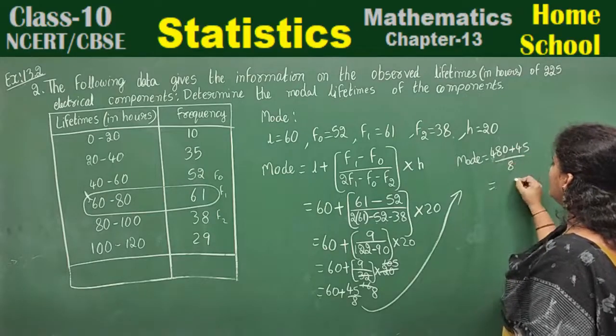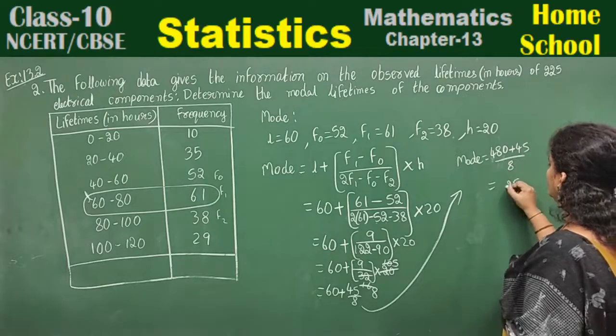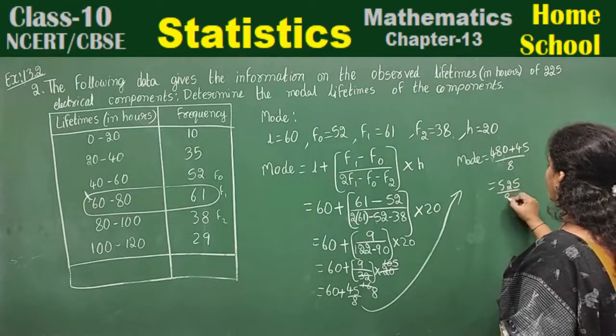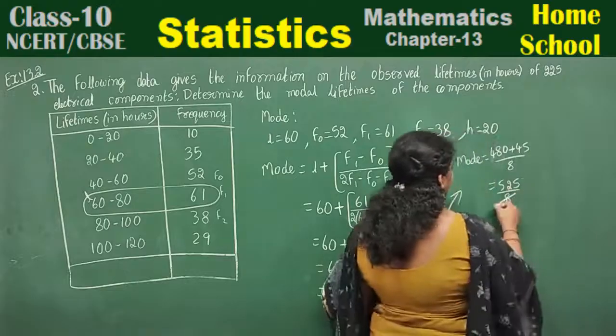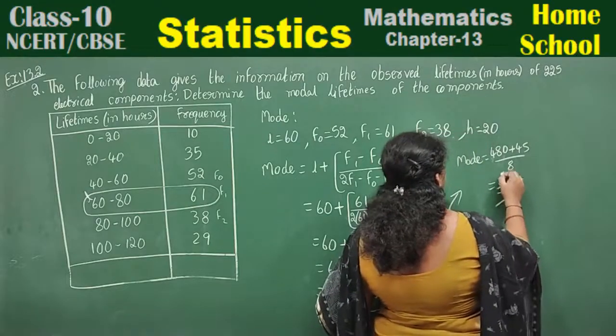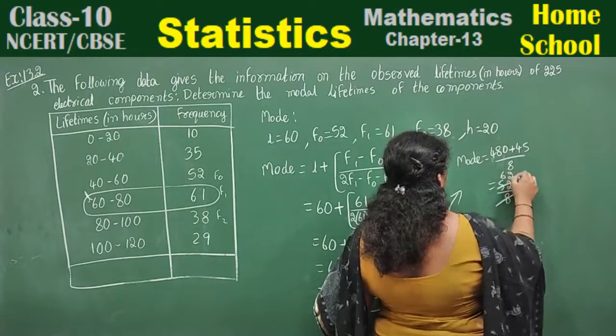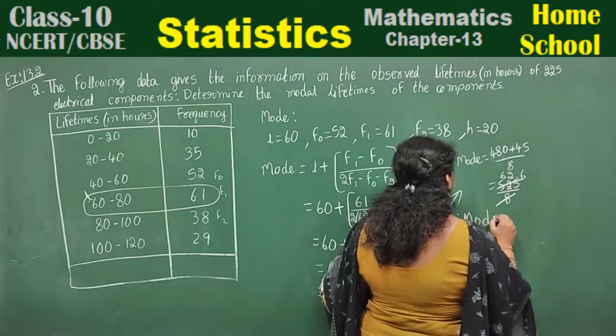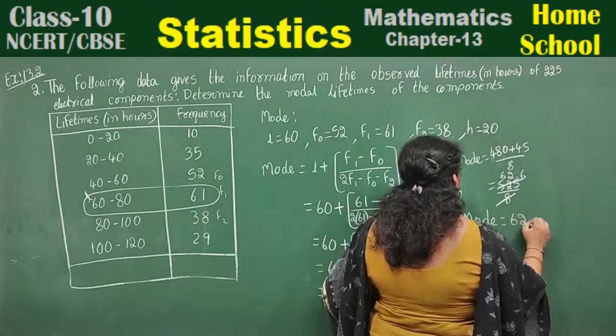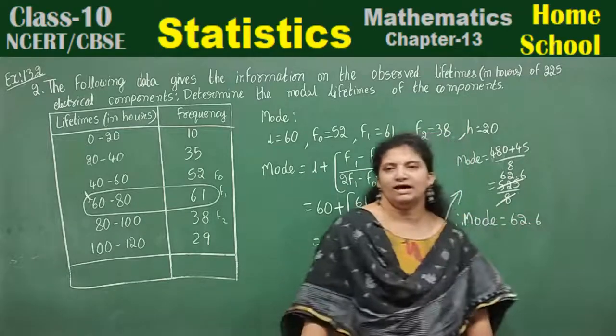Add this one, 525 by 8. Try to cancel this. If you cancel, you are going to get 62.6. Therefore, mode is equal to 62.6 is your answer.